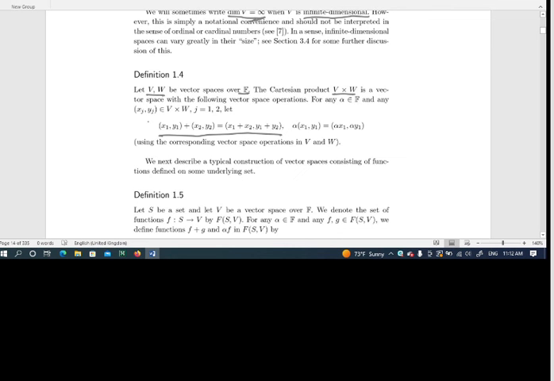With this addition and scalar multiplication, V cross W is a vector space.